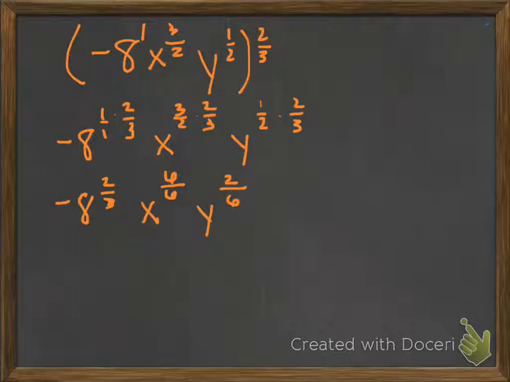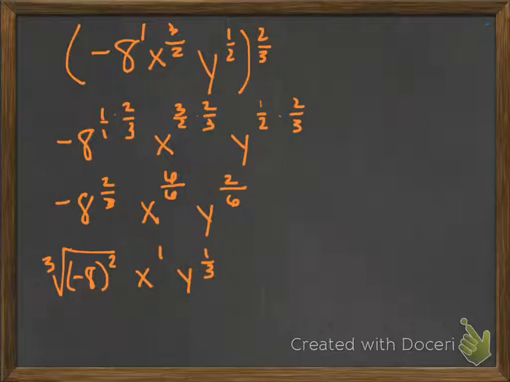So we're going to do some simplifying of my exponents, and I'm also going to put this negative 8 to the 2/3 back in radical form. So this is the cube root of negative 8 squared. And here, this will be x to the first power, and this will be y to the 1/3 power.